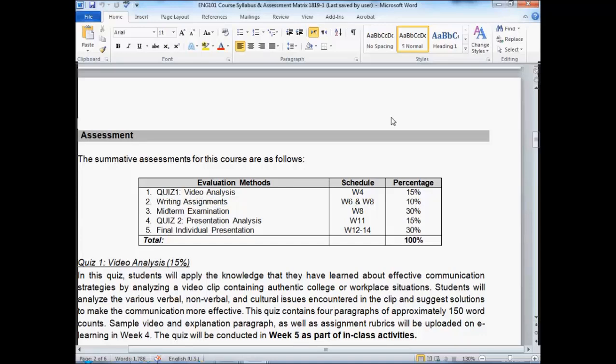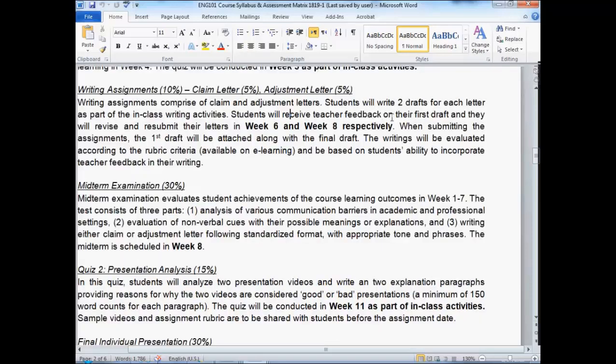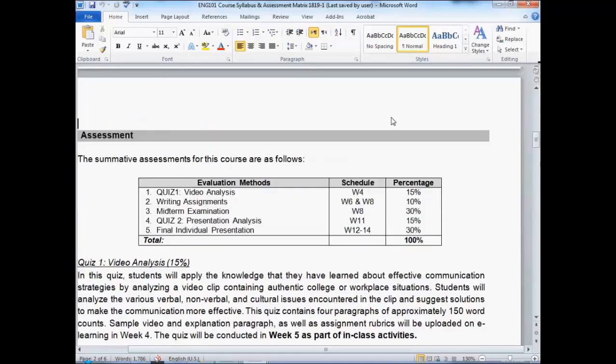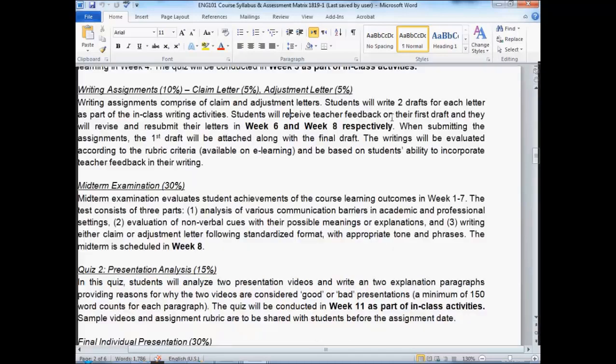Okay, quiz 1, where's quiz 1? Okay, quiz 1 will be on week 5. So please remember that. That's your responsibility. You can print this from Google Classroom. You have the writing assignments, 1 claim letter and 1 adjustment letter, on weeks 6 and 7.